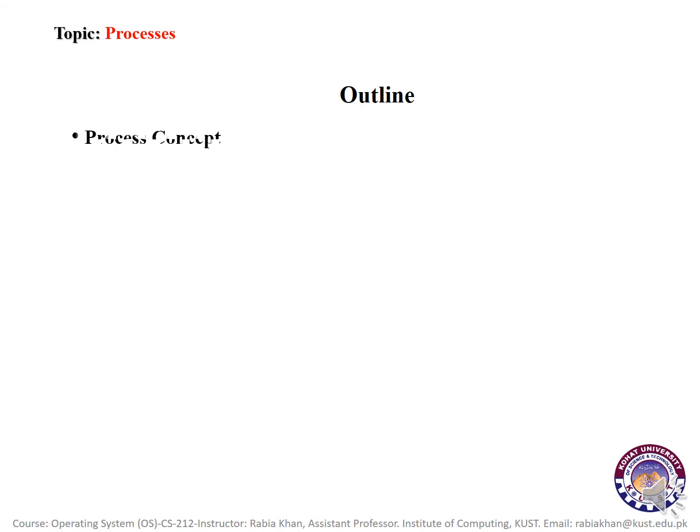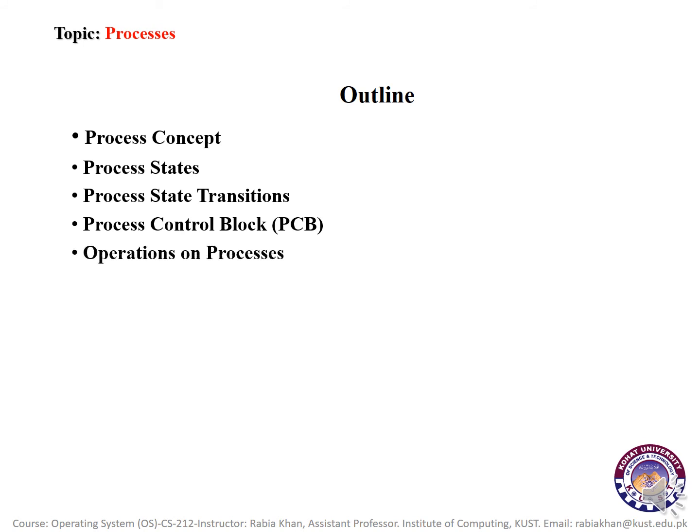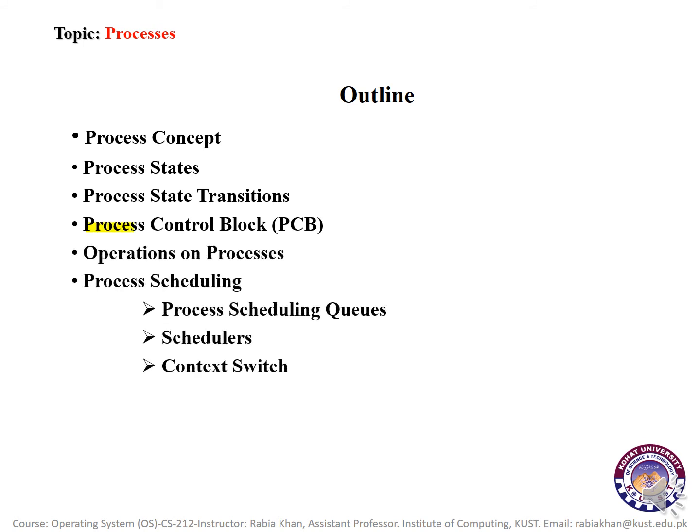The next topic that we are going to discuss related to process is the process control block. We now need to see what is PCB. PCB stands for process control block. So let's proceed with the discussion.